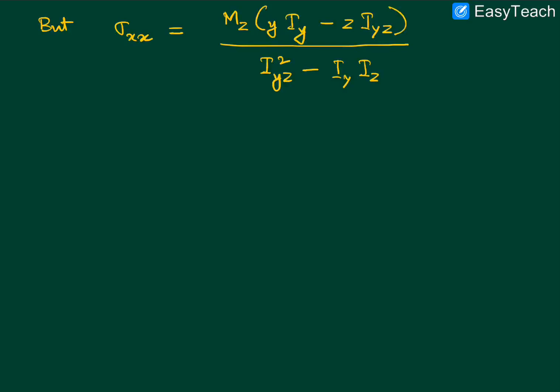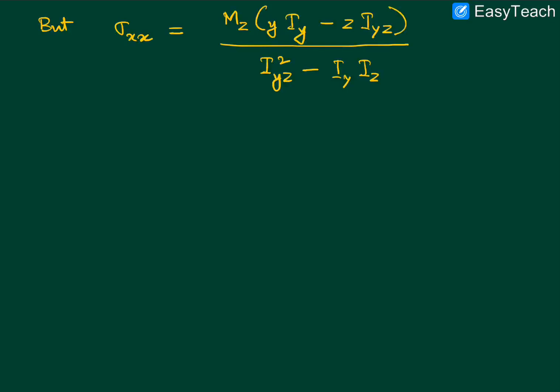Please note that this formula is only a part of the general formula for sigma xx that we had derived in the chapter on unsymmetrical bending, and I will provide the link for that lecture down below.